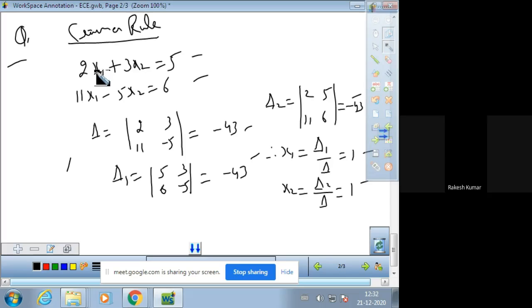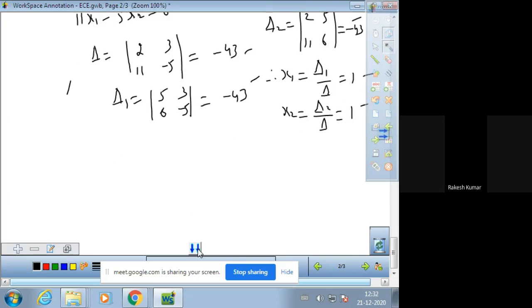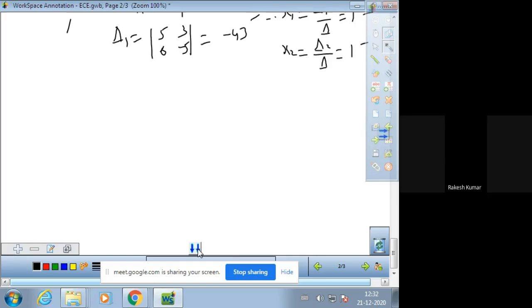If we put x1 is equal to 1, x2 is equal to 1: 2 into 1 is 2, 3 into 1 is 3, 2 plus 3 is 5; 11 into 1 is 11, 5 into 1 is 5, 11 minus 5 is 6. So the system is satisfied. The same method may be applied for three equations also. So you must practice that method.